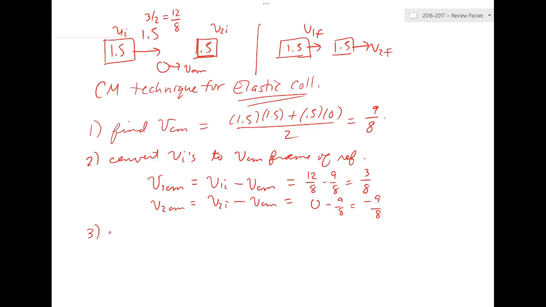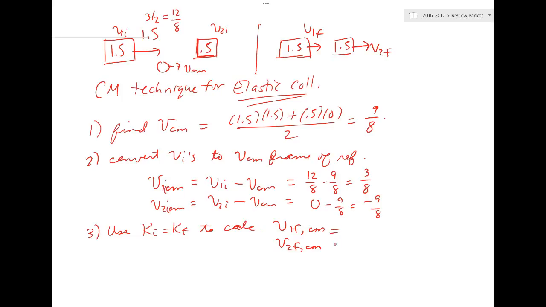Okay? Now we're going to use the fact that K initial is equal to K final to calculate V1 final center of mass and V2 final center of mass. So this is actually V1 initial, and this is V2 initial.